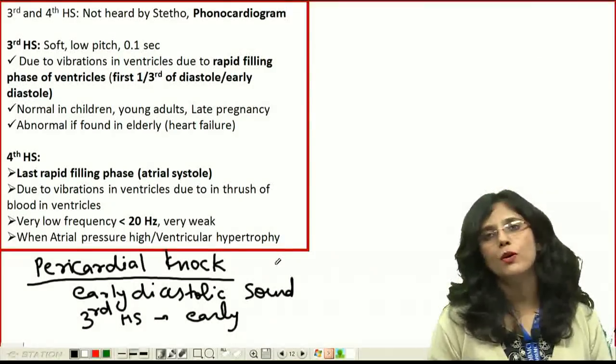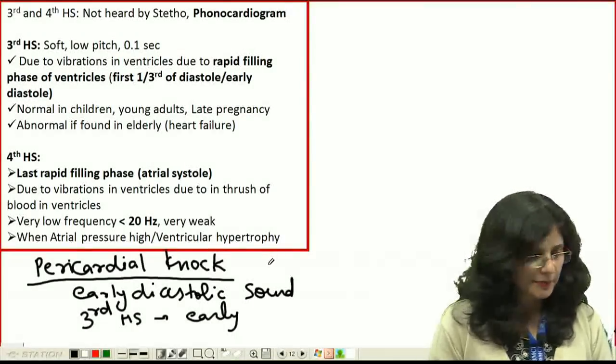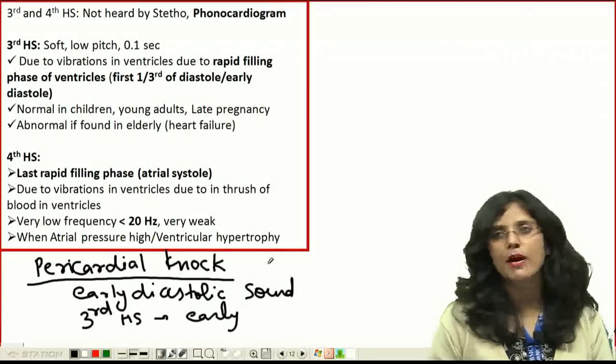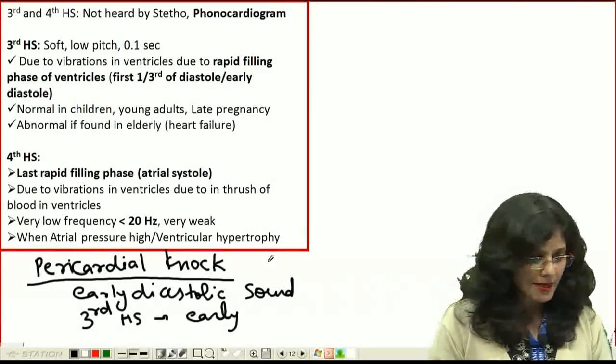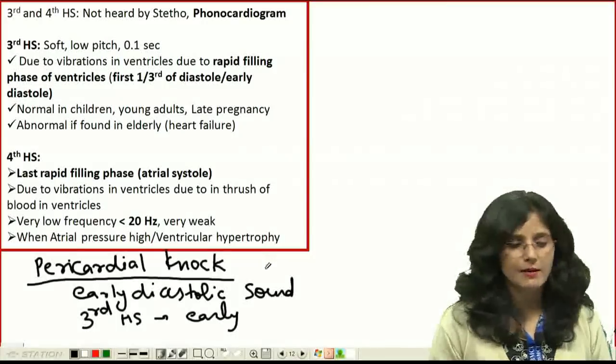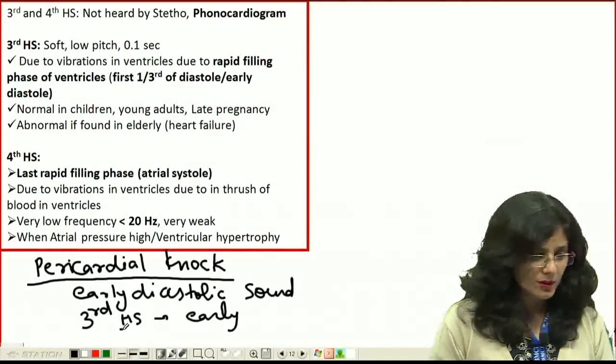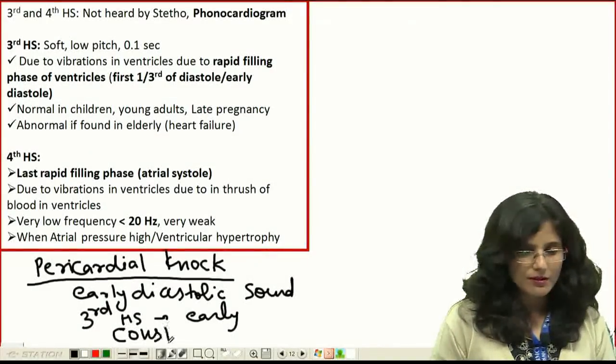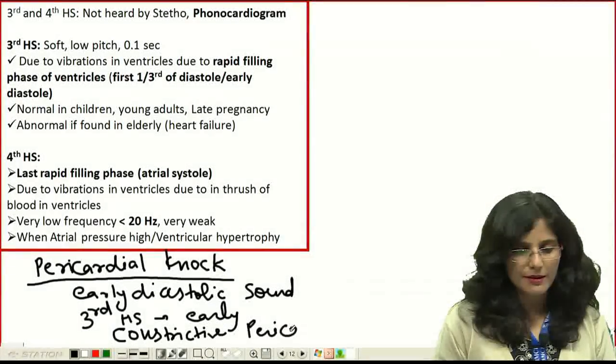It is because of the rapid ventricular filling abruptly halted by the restrictive pericardium. If the pericardium is restrictive, then this can be heard. And so this is a feature of constrictive pericarditis.